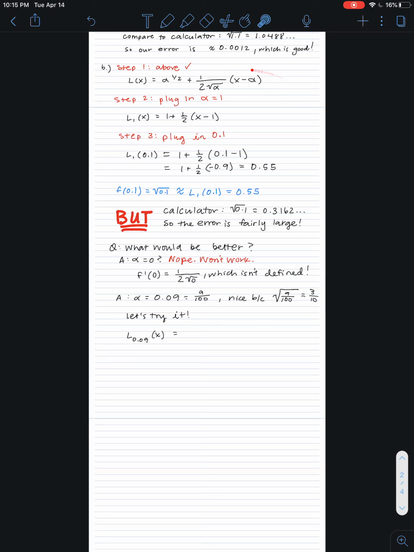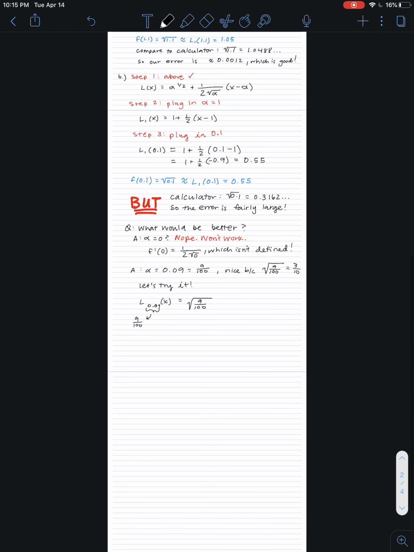Okay, up here we have L of x is equal to f of alpha plus f prime of alpha times x minus alpha, so this would be the square root of 9 over 100. I'm actually going to rewrite this. I guess I'll leave it as 0.09, but note that this is 9 over 100. Okay, so that's the square root of 9 over 100 plus 1 over 2 times the square root of 9 over 100 times x minus 9 over 100.